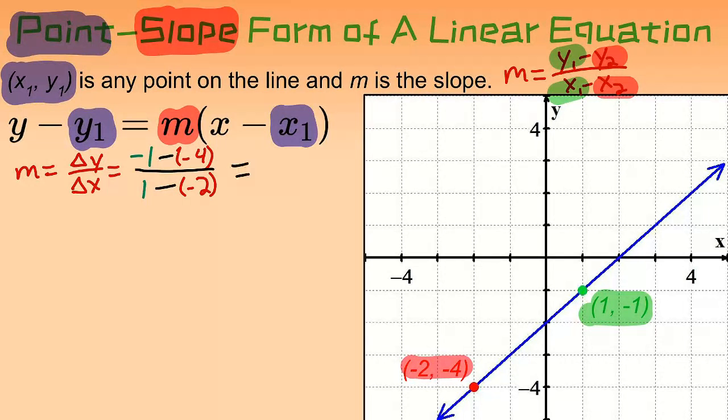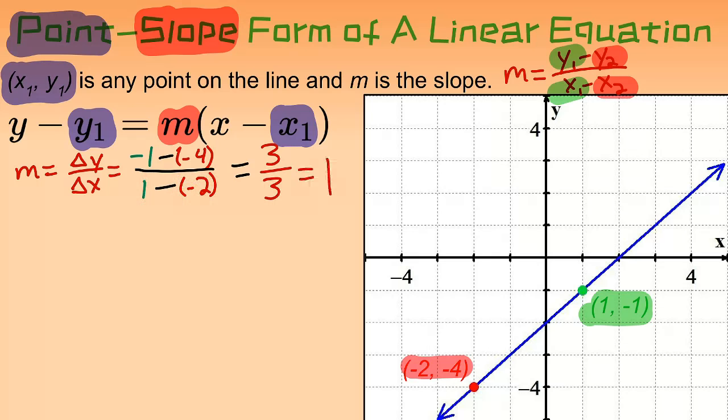And so that equals, well, negative 1 minus a negative 4 is the same as negative 1 plus 4. So that's going to be positive 3 over, and 1 minus a negative 2 is 1 plus 2, so that's 3.